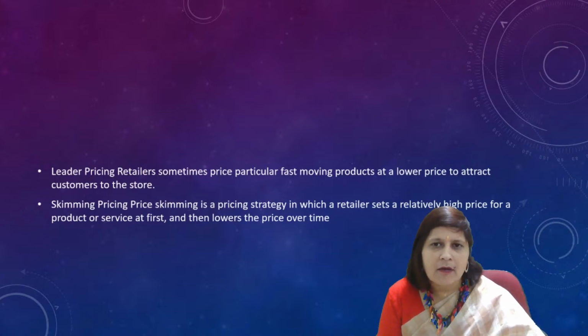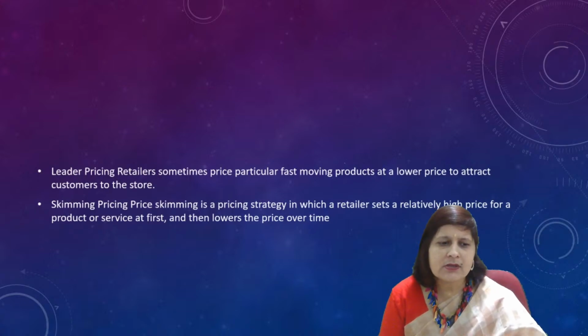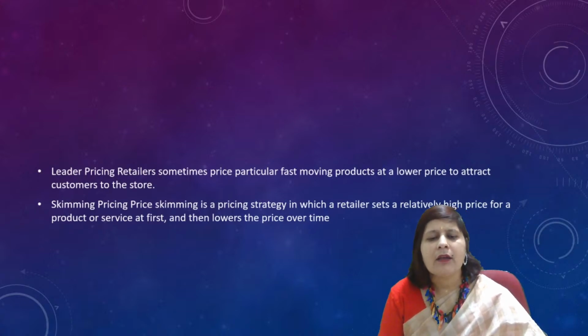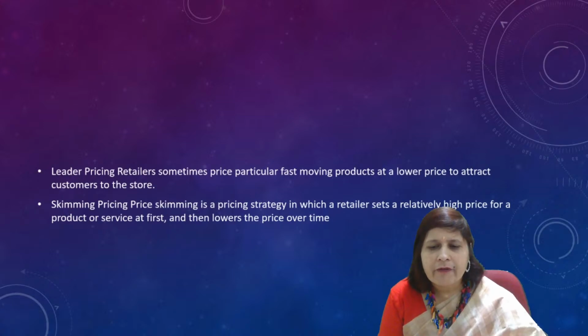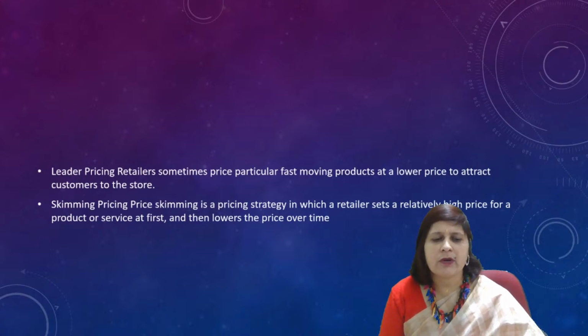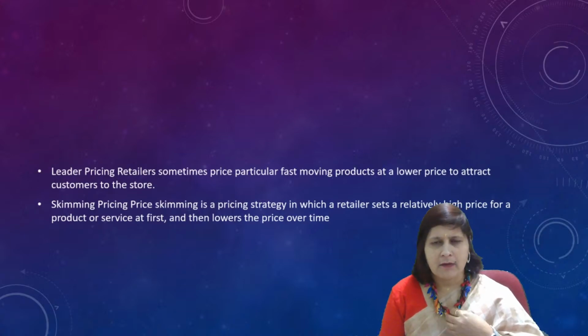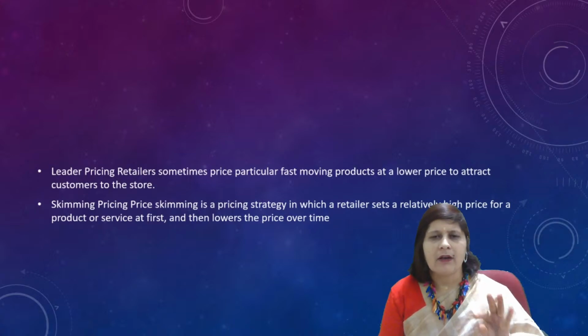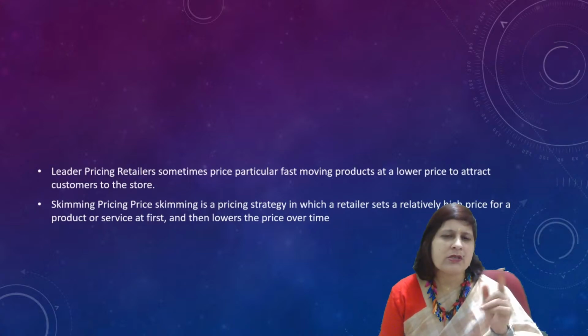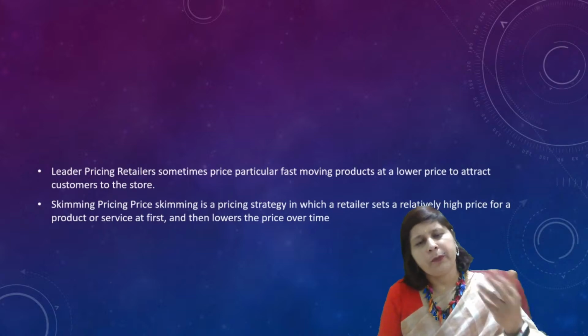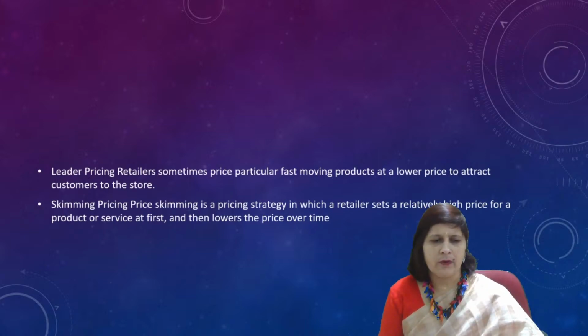So they can earn profit on the other products. So this is leader pricing, when a retailer keeps the price of a particular fast moving product at a lower price to attract the customer to the store. When the customer comes to the store because of the lower price, rather than purchasing only one product which is at the lower price, they'll prefer to buy more products from the store, right?